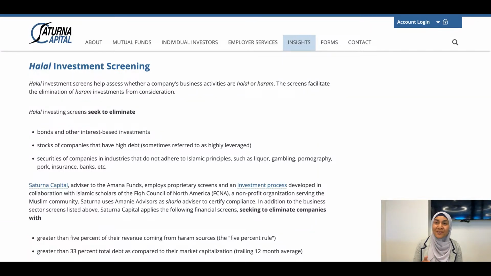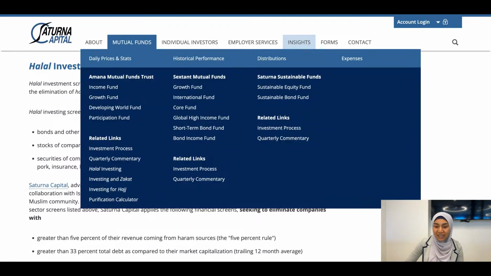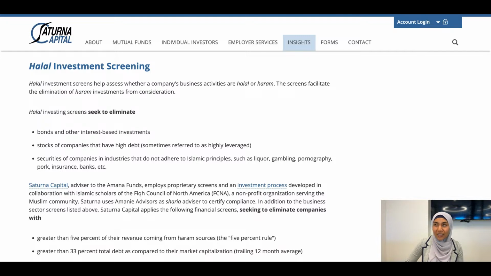So with Muslims, we have some extra beliefs when it comes to what is morally fine to invest in. For example, something that would still be in an ethical fund or in some of these retirement or fund websites is banks.